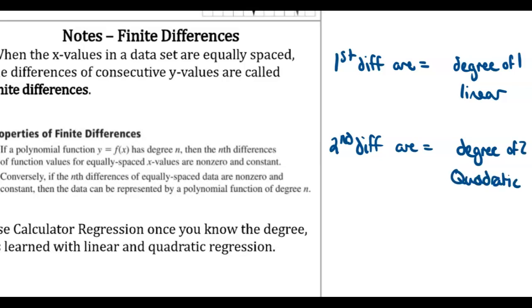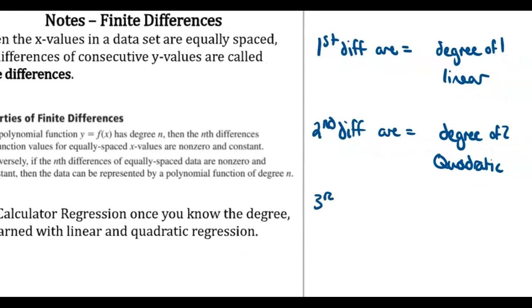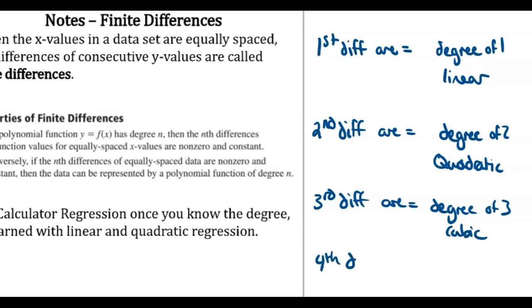Let's extend that concept. If the third differences are equal, then it has a degree of 3, so it's cubic. If the fourth differences are equal, then it has a degree of 4, which is called a quartic function. And it would continue on.